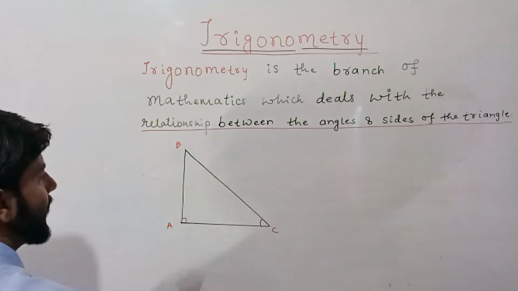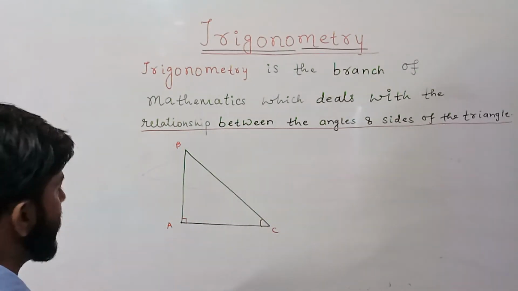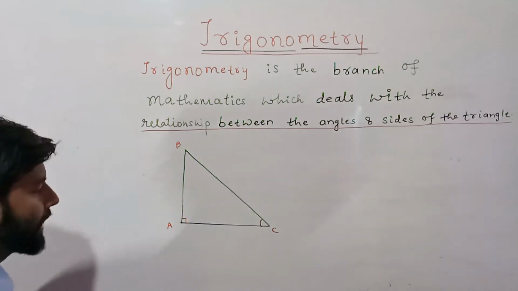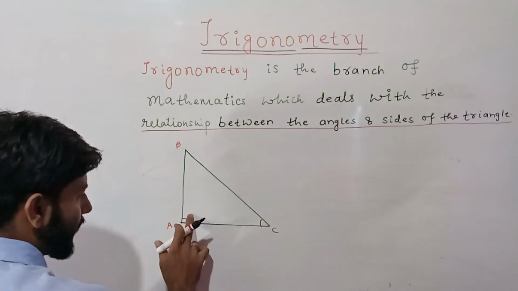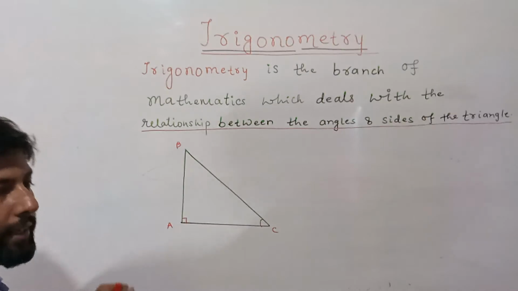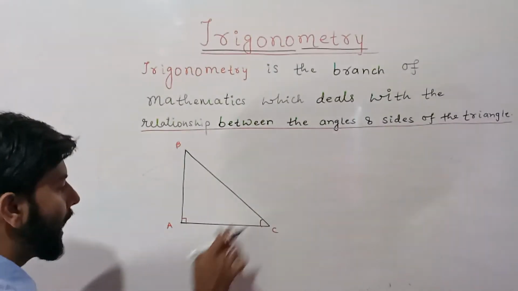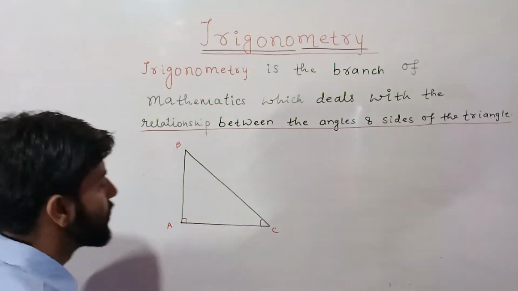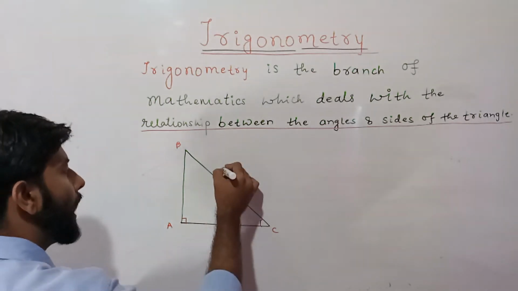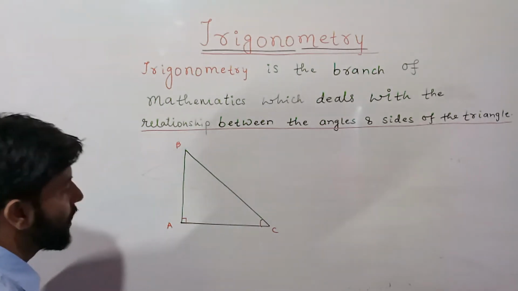So let's try to understand. Suppose this is a right angle triangle. In this right angle triangle, you know one of the angles is 90 degree and another angle is also known. So two angles are known, and suppose one side is also known.